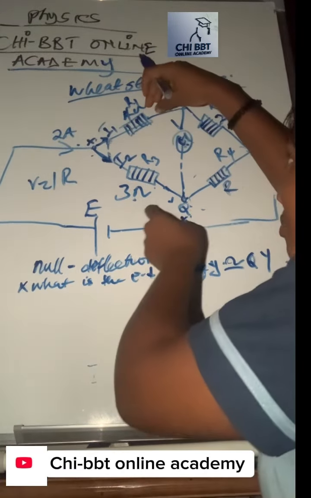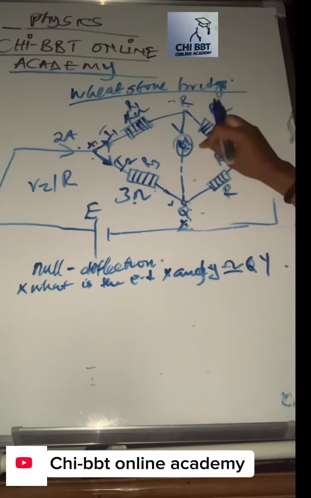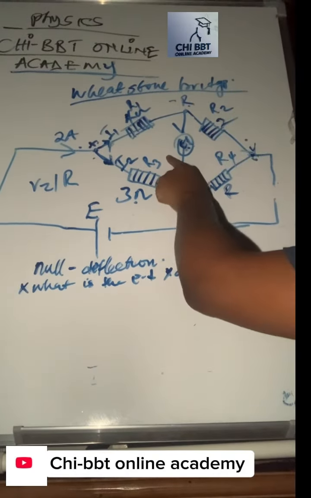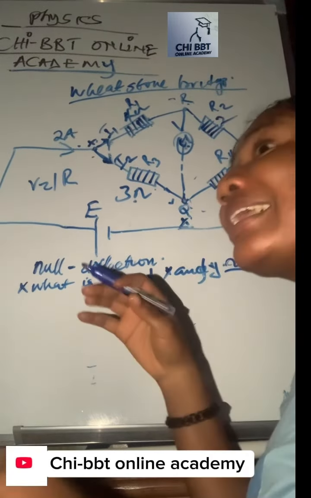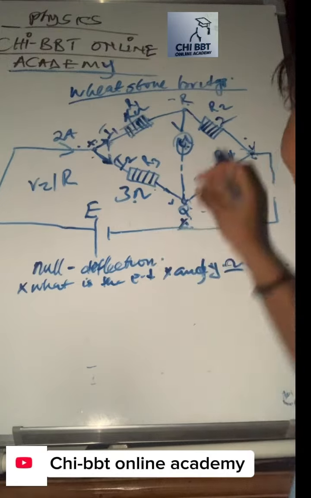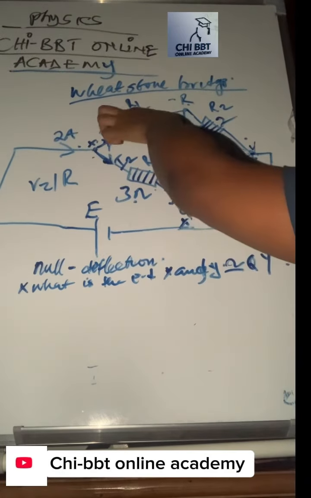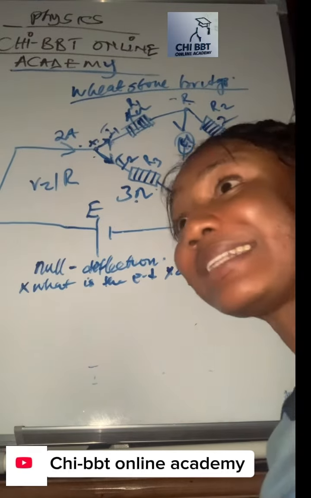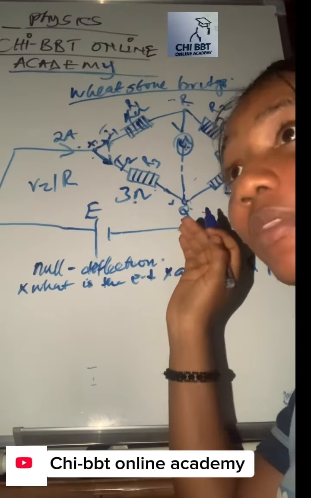There's a point where you will move the 4 ohms resistor and the 3 ohms resistor, and the galvanometer will no more indicate anything. At that point, it means that it's a null deflection. The potential differences are equal at that point.